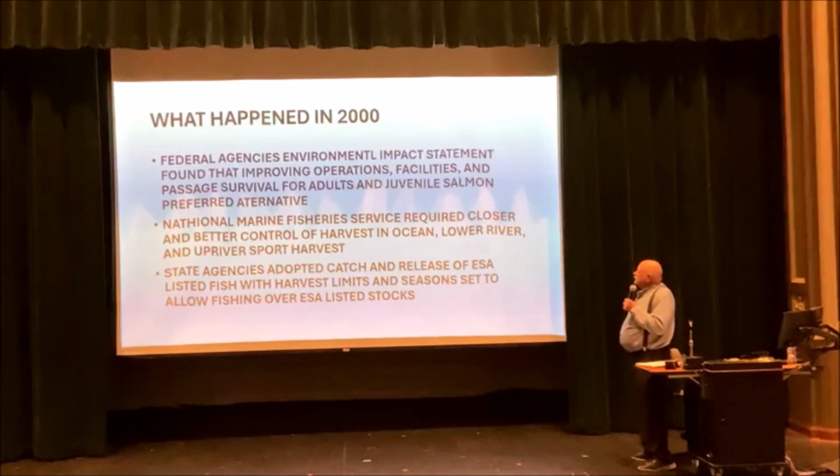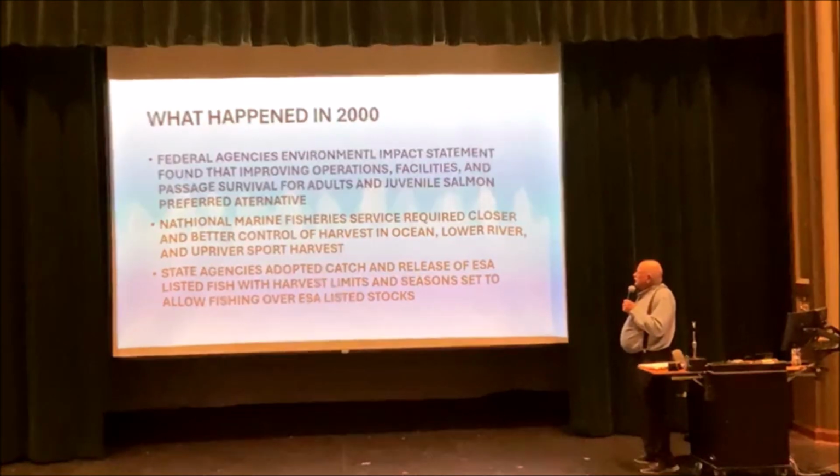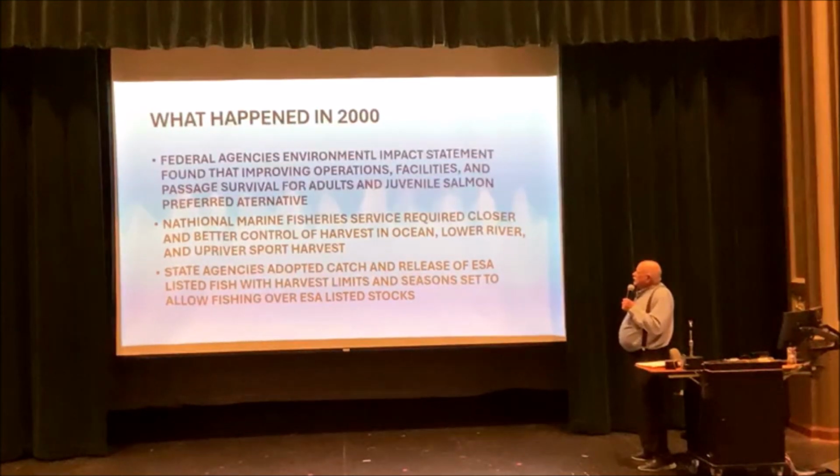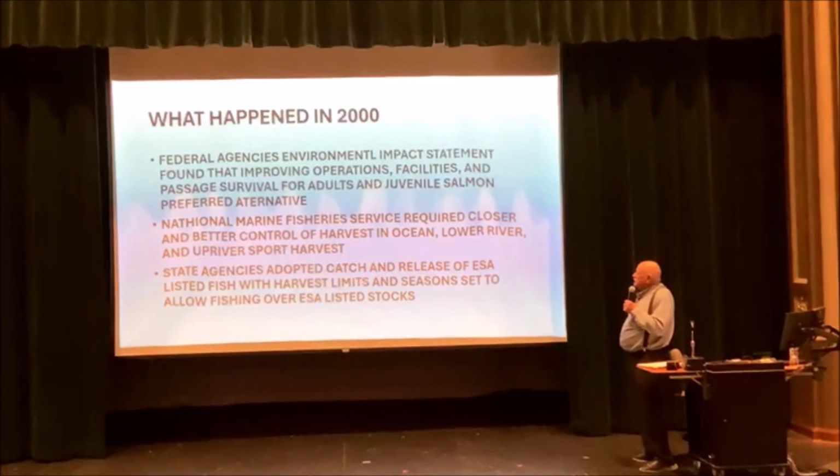So, in 2000, the federal agencies' environmental impact statement found that improving operations, facilities, and passage survival for adult and juvenile salmon was the preferred alternative. That came out, it was published, we were working on it in 1998, and it was published after I retired in 2000.